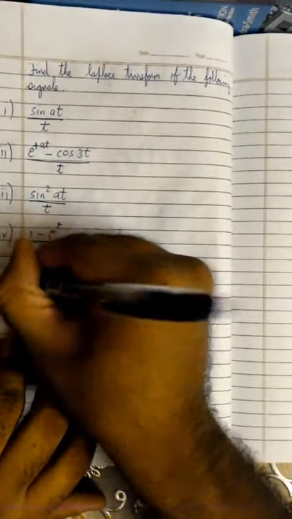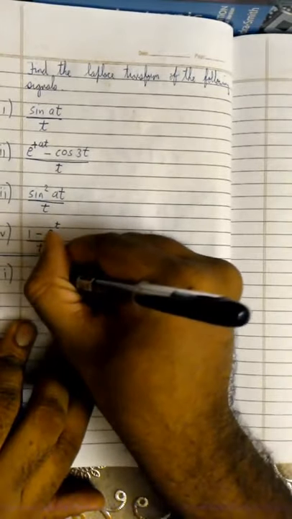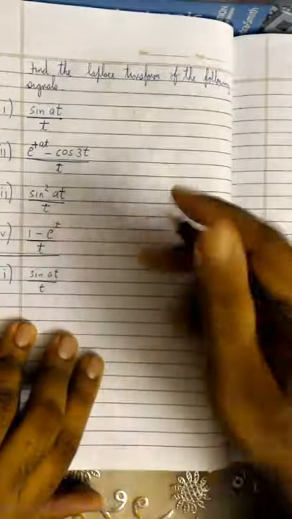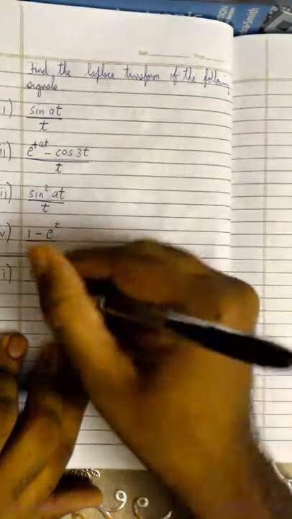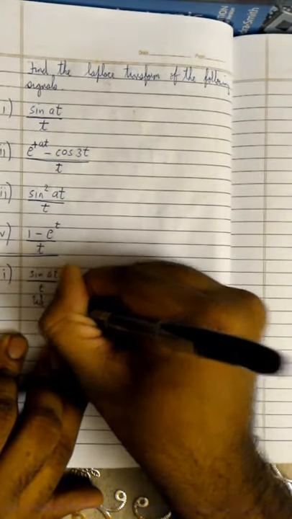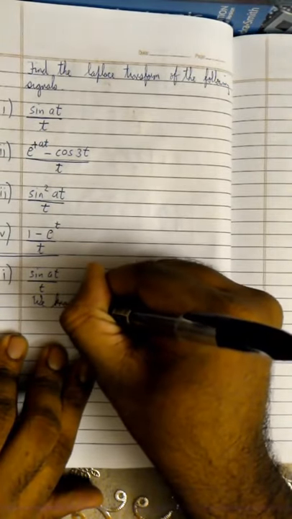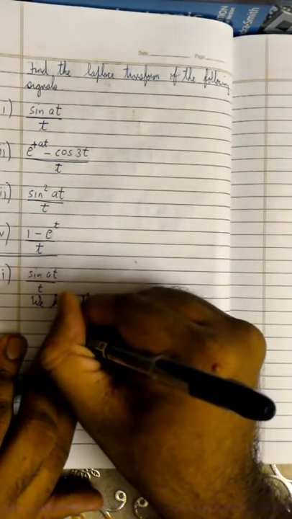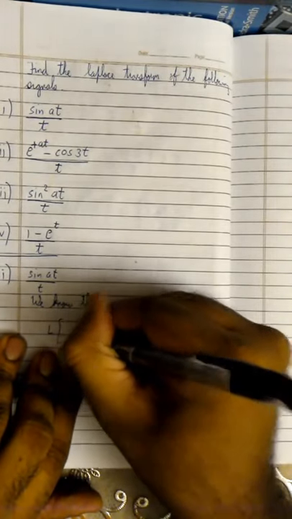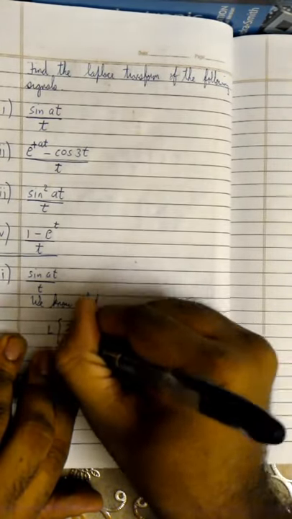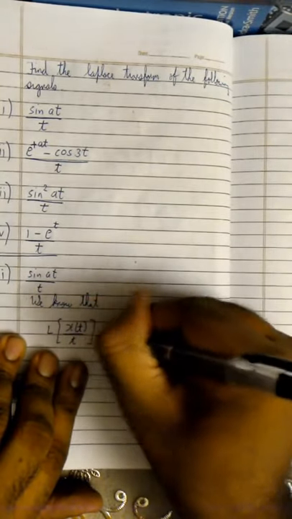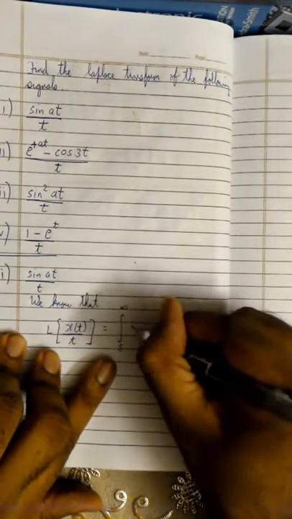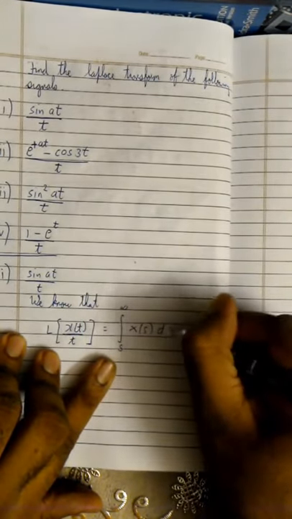First question, sin at by t. You are going to find the Laplace transform of this, so I am going to write my property. We know that the Laplace transform of x of t by t is equal to the integral from s to infinity of X of s ds.